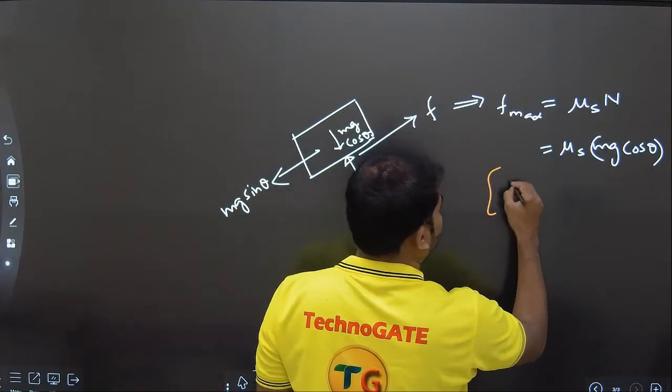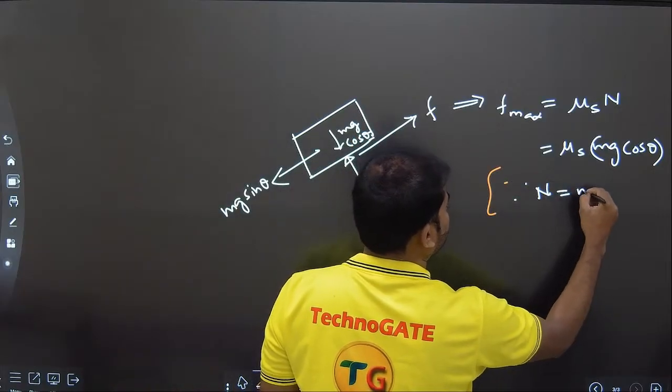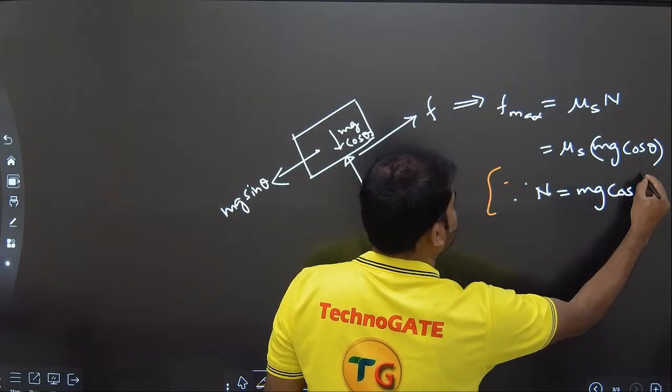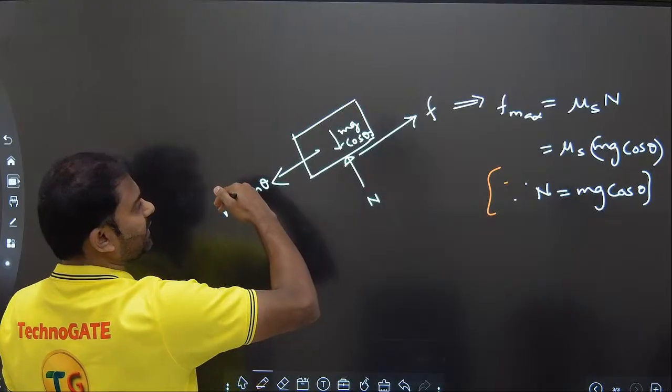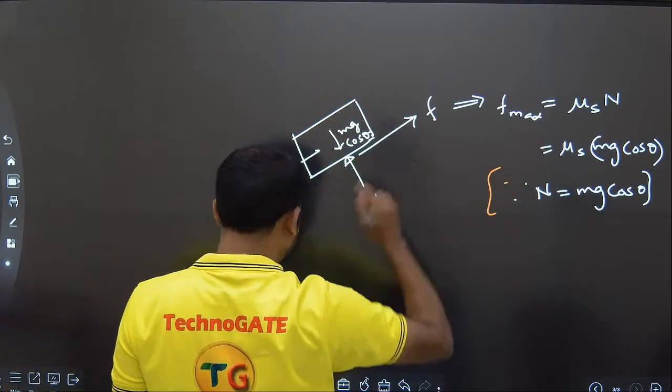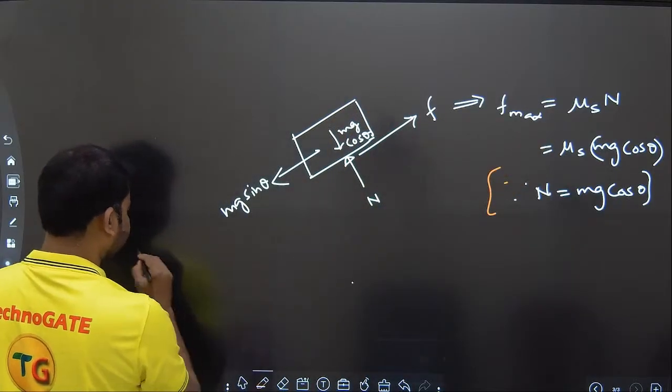Okay, why? Because since N is equal to mg cos theta, this block will try to slide down when mg sin theta goes beyond this value here.